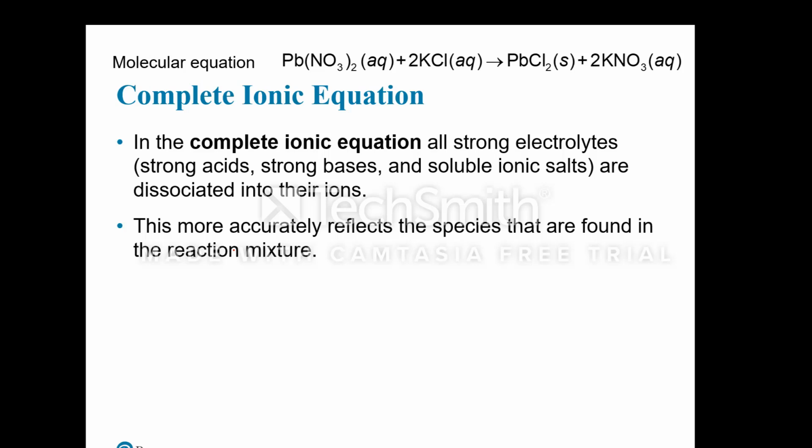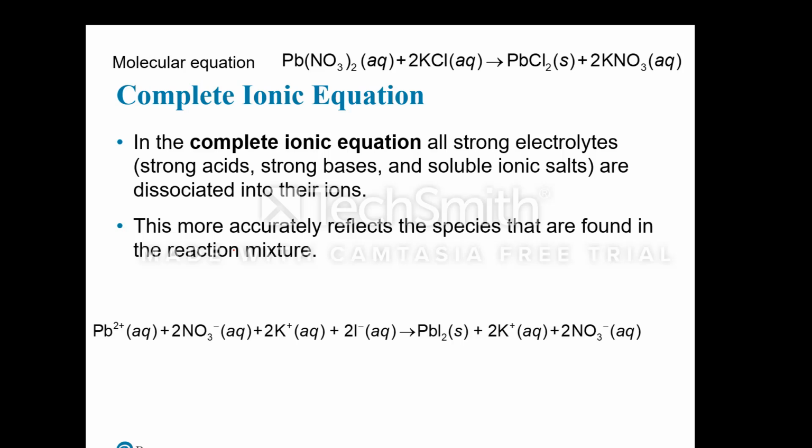So lead nitrate is soluble, so that dissolves or dissociates into lead 2+ and 2 nitrate ions. Okay, and potassium iodide dissolves into 2 potassium ions and 2 iodide ions. Now, lead iodide is insoluble, so we don't separate this one because it's insoluble. And lastly, we have 2 potassium ions and 2 nitrate ions.